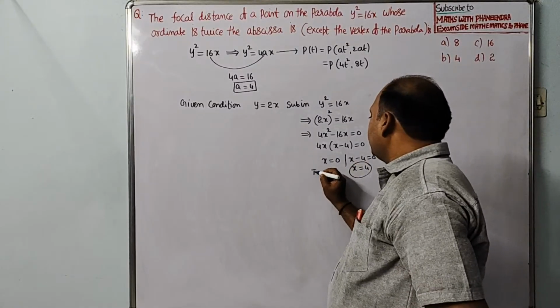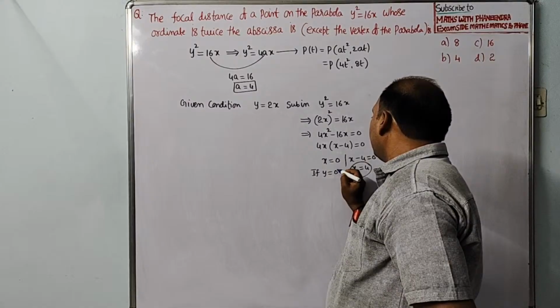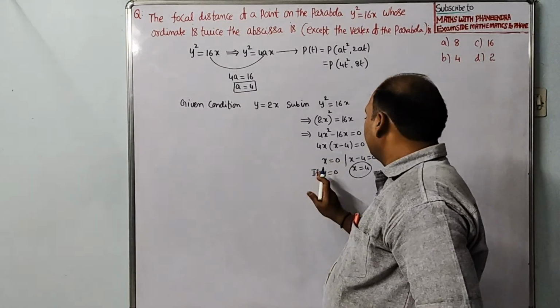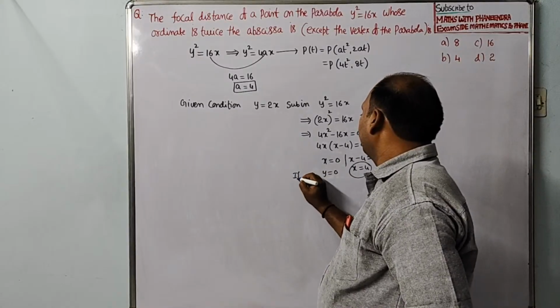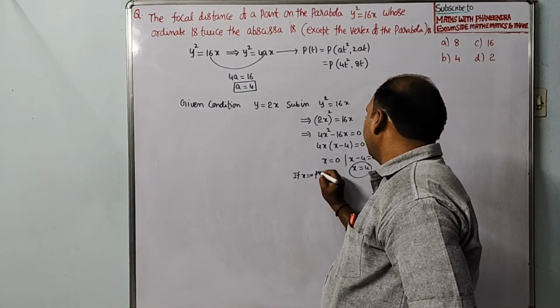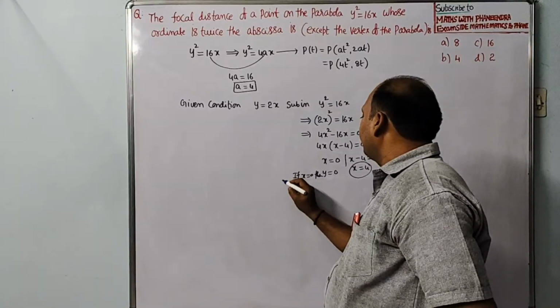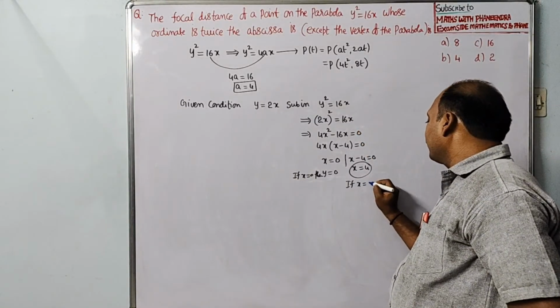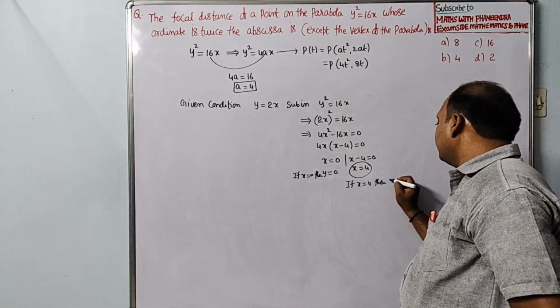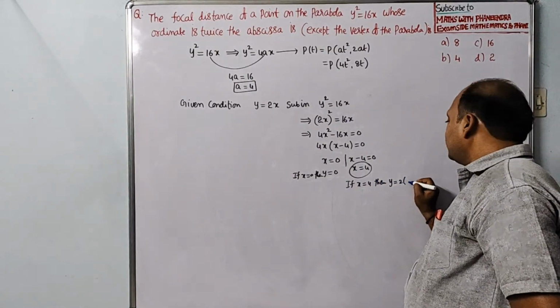If x is equal to 0, automatically y value is also 0. If x is equal to 4, then y is equal to 2x, which means 2 into 4.